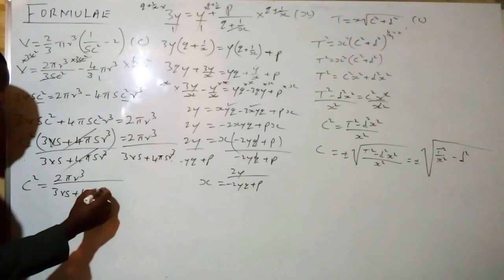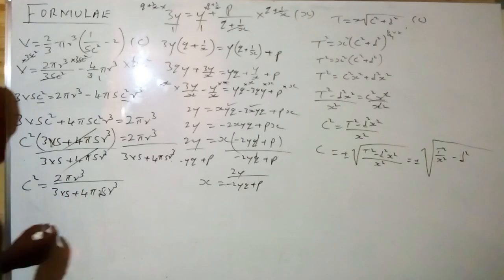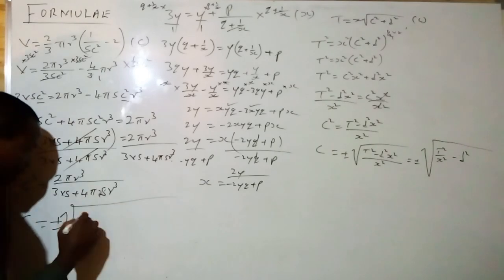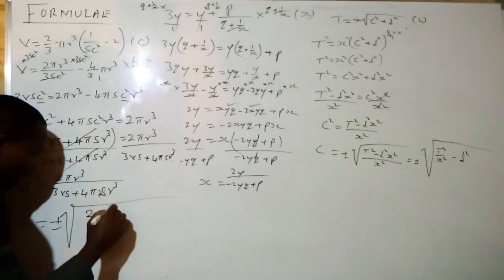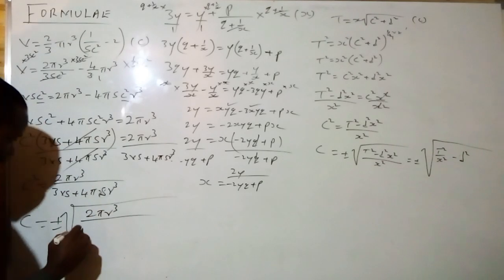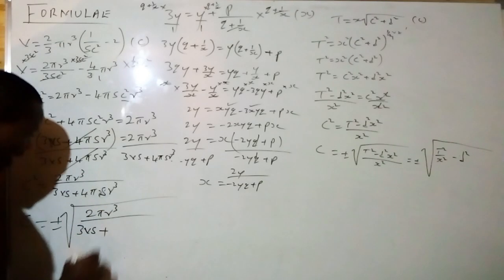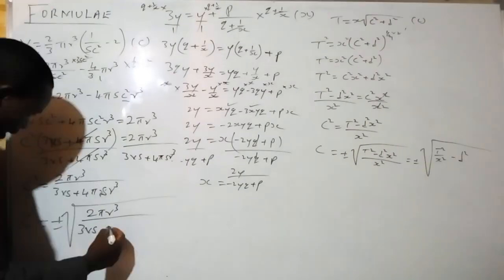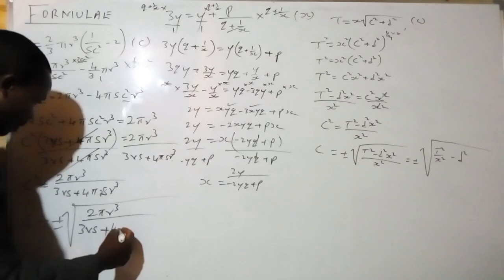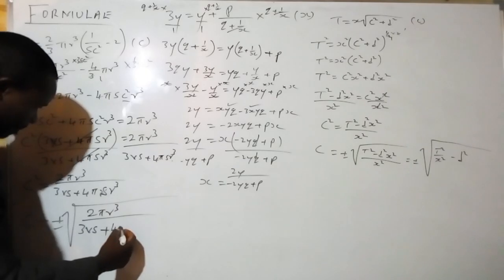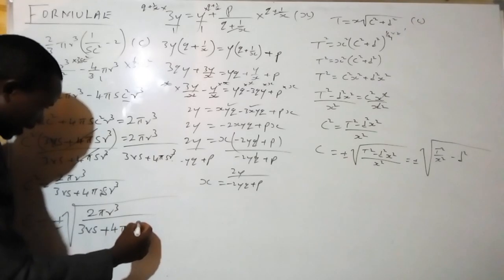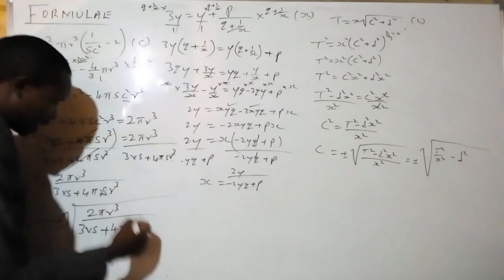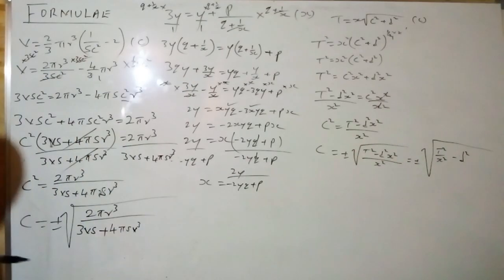And our correct answer will be plus or minus the square root of 2 pi r cubed all over 3vs plus 4 pi sv cubed. That is the correct answer.